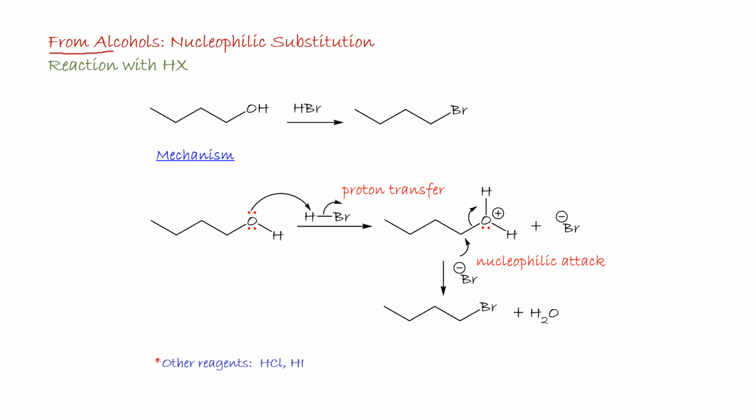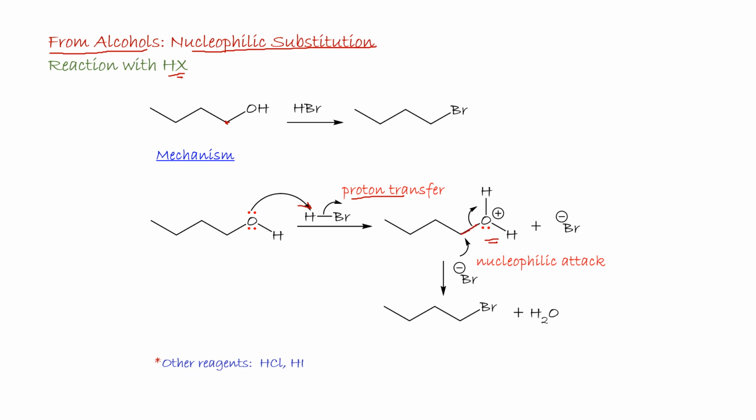From alcohols via nucleophilic substitution, reaction with HX. We have here carbon OH. OH is a bad leaving group. But when we react with HBr, first step is proton transfer to form the oxonium ion. Now we have a good leaving group. Water is a good leaving group, right?